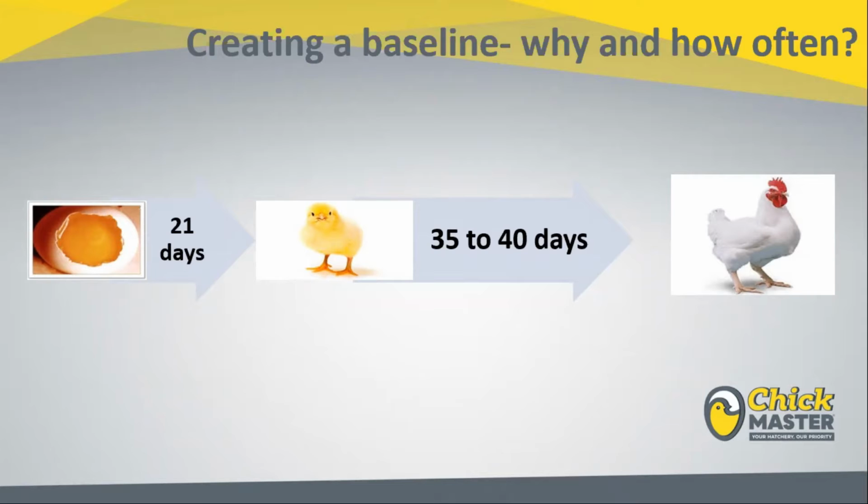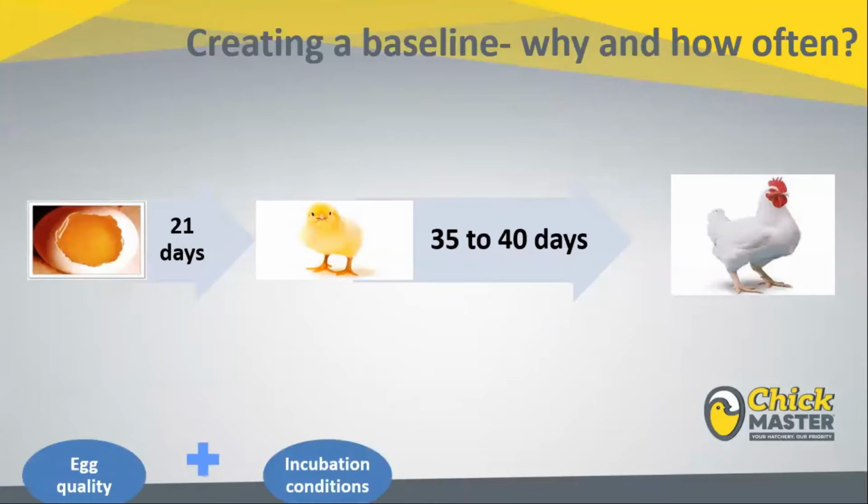So to succeed in this relatively short period on the farm, we should start with a good quality chick, a chick that is able to express its full potential on the farm.